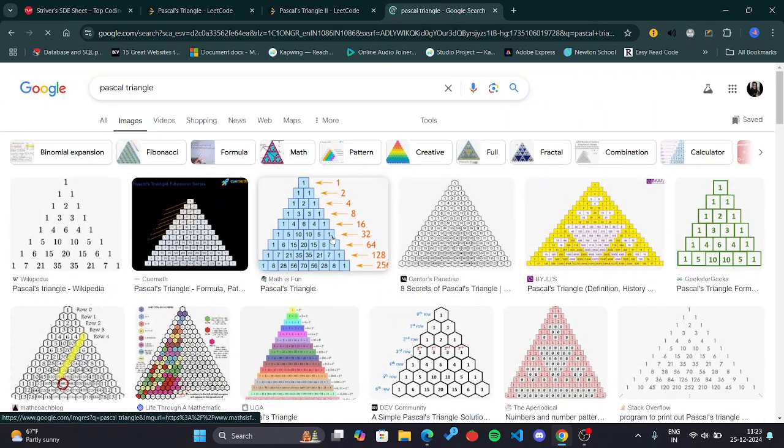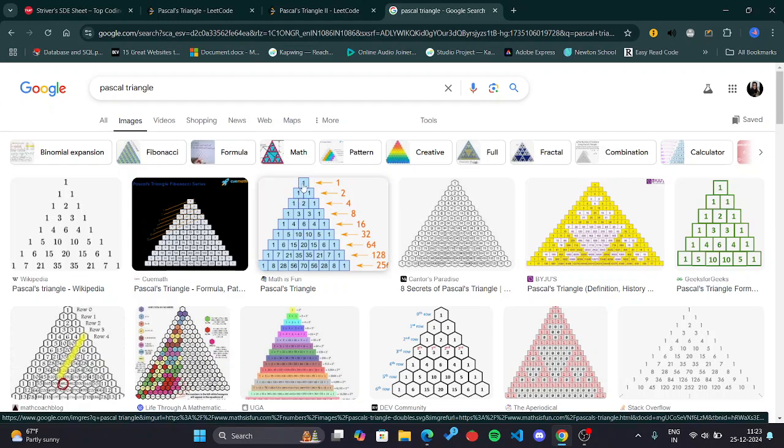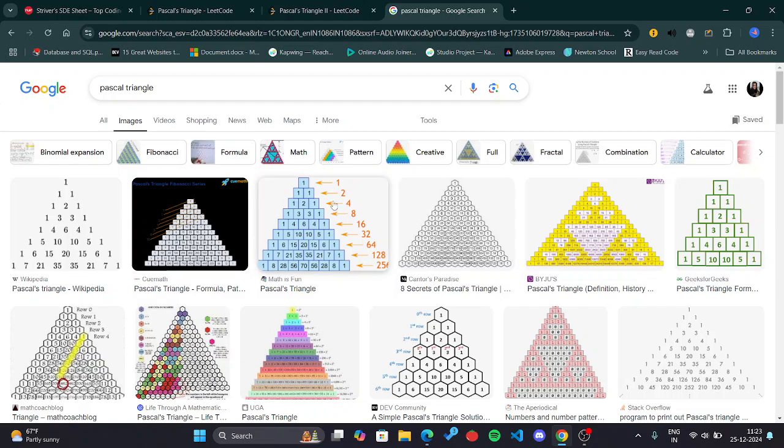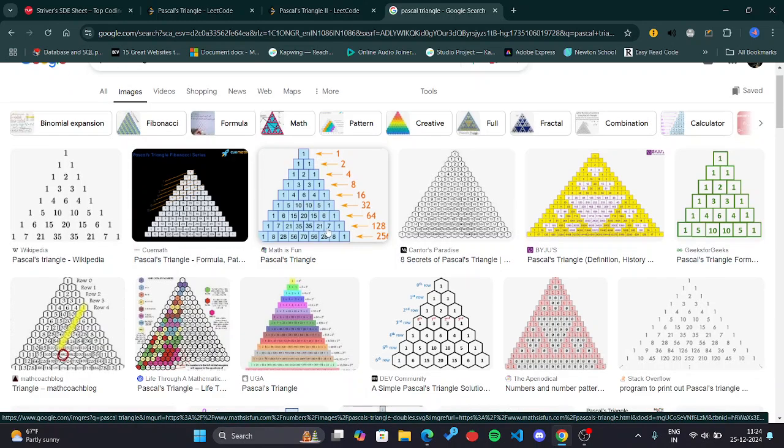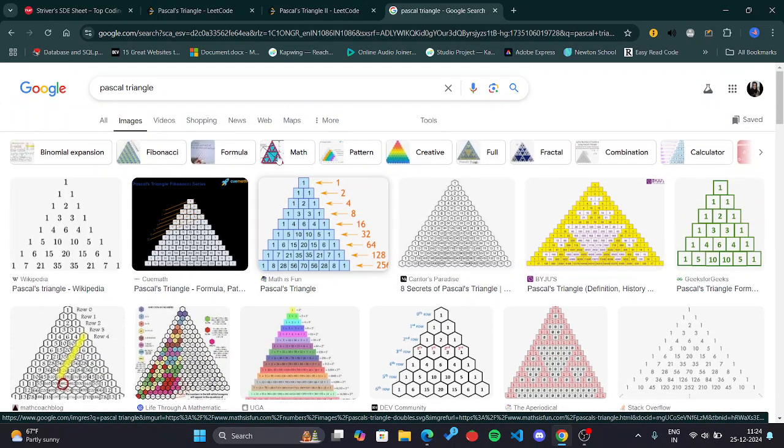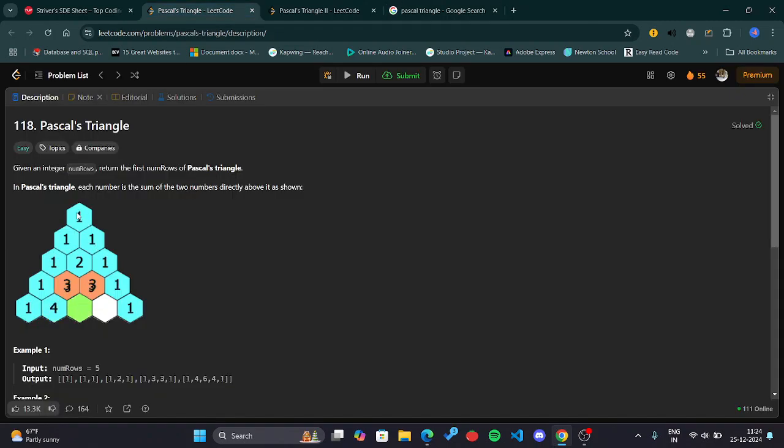It's a type of triangle where the number at the leftmost edge and the rightmost edge is 1. It's just a pyramid-like structure where the leftmost corner has 1 and the rightmost corner also has 1. The top number is itself 1. And how is Pascal's triangle formed?